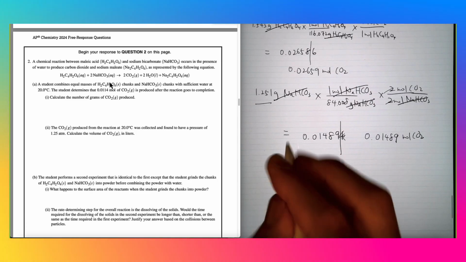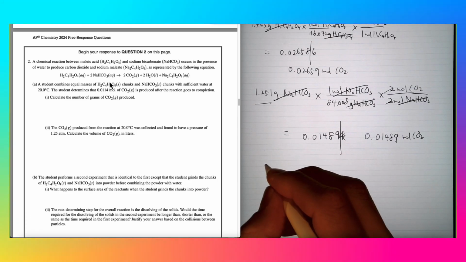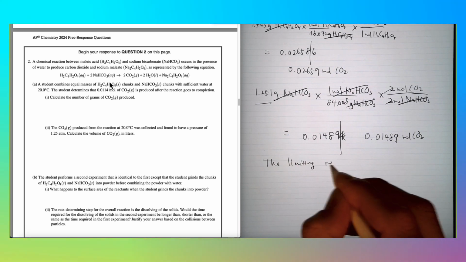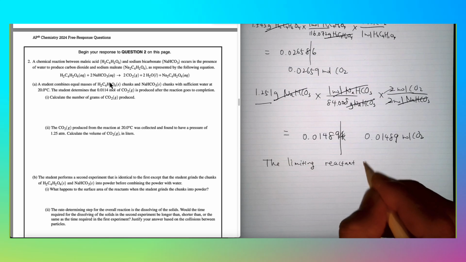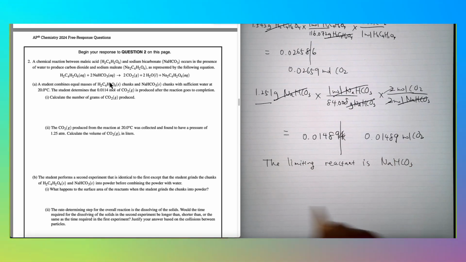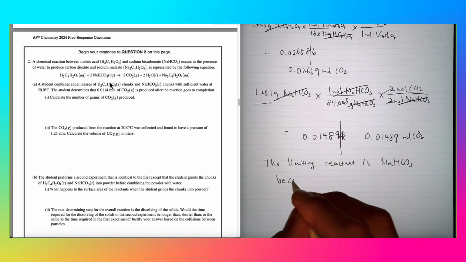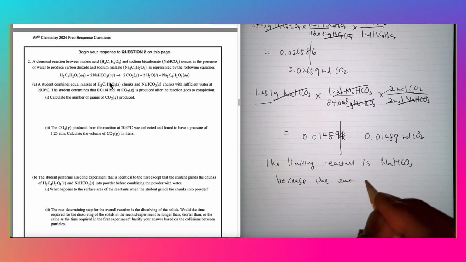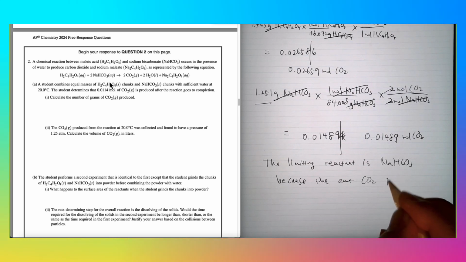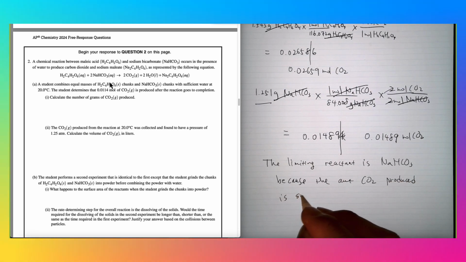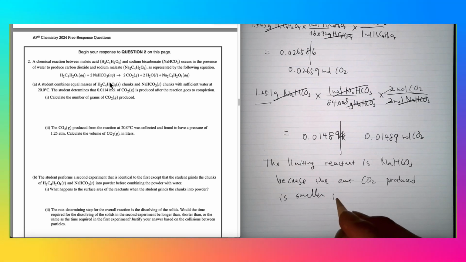So we're gonna make a verdict here. We're gonna say the limiting reactant or limiting reagent is sodium bicarbonate because the amount of carbon dioxide produced is smaller in theoretical yield.